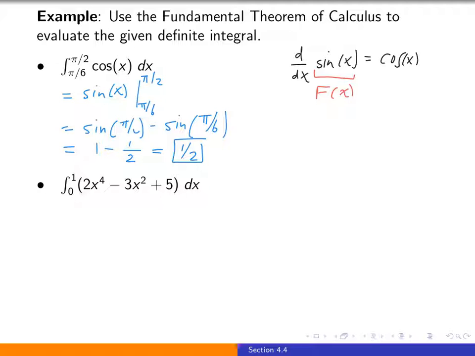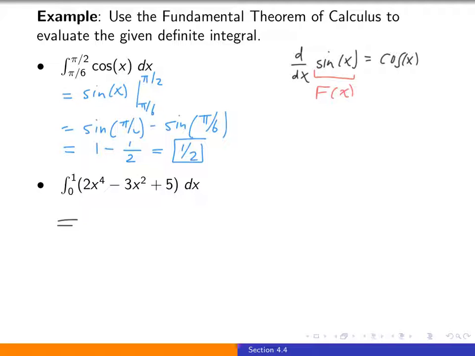So one more example using the fundamental theorem of calculus. And now instead of doing the work off to the side, I'm going to go ahead and just do it directly underneath, which is going to be the typical approach. So first, let's kind of just pretend that the limits 0 to 1 are not there. Let's anti-differentiate term by term by just undoing that power rule. So x to the 4th, 4 plus 1 is 5.